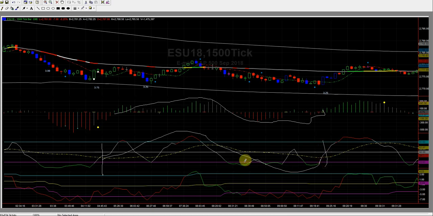So you have the momentum line cutting up through the cinnamon oscillator here, and you have it cutting up through the cinnamon oscillator here. Now, it is true, you did have it cutting through the cinnamon oscillator here, but we were in that uptrend. That's all part of this. This is all part of this. This is the cycle right here, where now it cuts back down through, and it's coming up here.